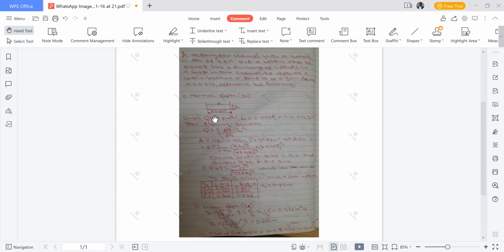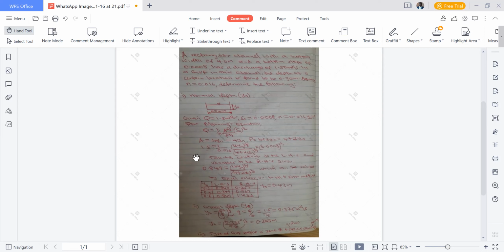So step number one, as I said earlier on, you have to sketch the rectangular channel. We've been told that it has a bottom width of 4 meters. So remember, width in a channel we call it small letter b. So b is equivalent to 4 meters. Now, our normal depth, Yn, is the unknown.